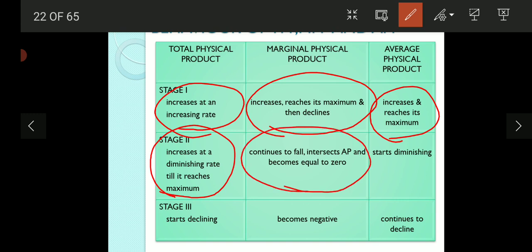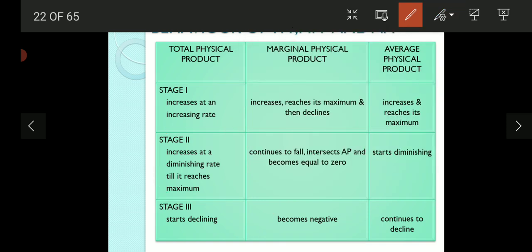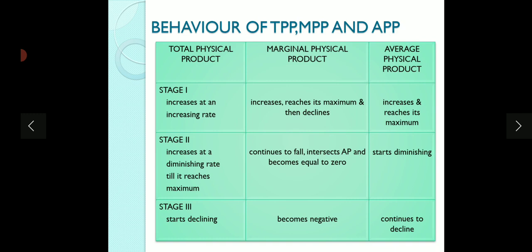MP is falling, it touches zero, it intersects AP in this stage. And AP continues to fall. And stage 3, TP starts to decline, MP goes negative, and AP continues to decline. So this is the behavior of TP, MP, and AP in various stages of production. I hope this law of variable proportion is clear to all of you.